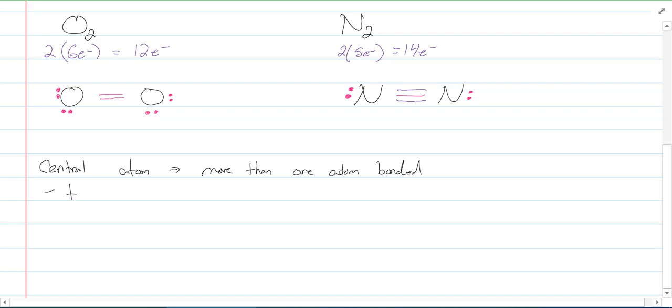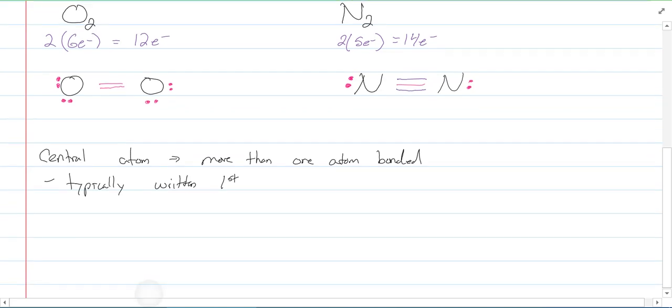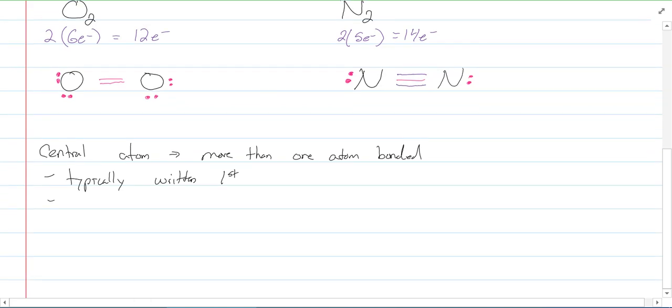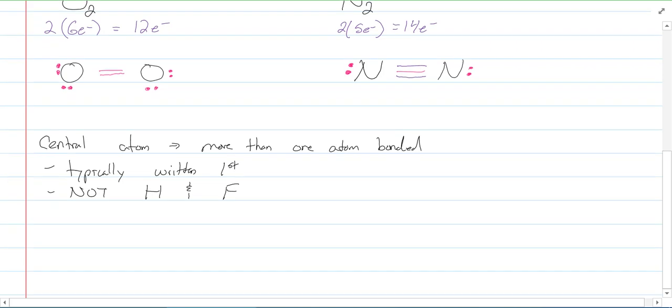They are typically written first in the chemical formula. They are not H and or F. So H is not a central atom. F is not a central atom.